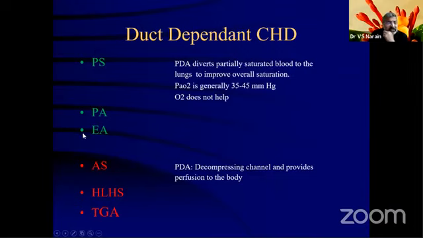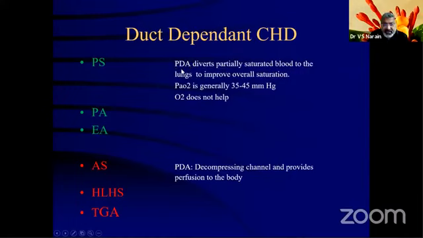Now, duct-dependent lesions could be those who have obstruction on the right side, those who have obstruction on the left side, and you have the transposition of great arteries situation. When you have obstruction on the right side, whether it is PS, pulmonary atresia, or Ebstein's anomaly, then the PDA diverts partially saturated blood to the lungs.